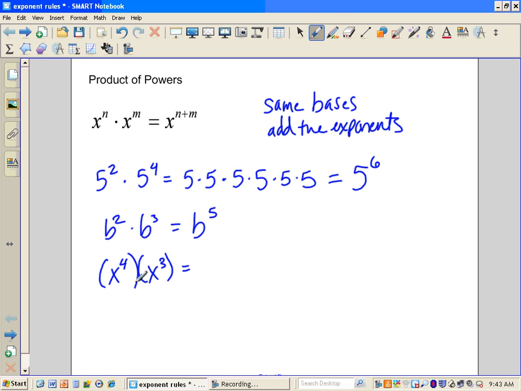Remember, parentheses mean multiply, so we multiply these. This is going to become x to the 7th. One last example maybe. We have a to the 6th times a to the 12th. Well, that becomes a 6 plus 12, the 18th power. Okay? So, same bases, add the exponents.